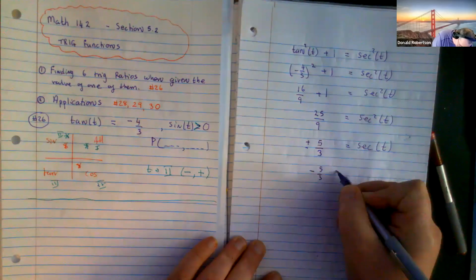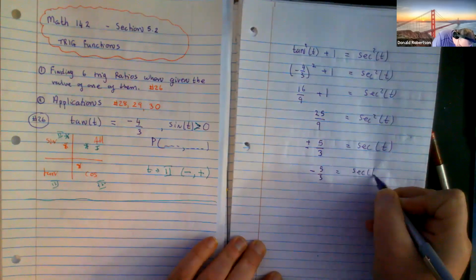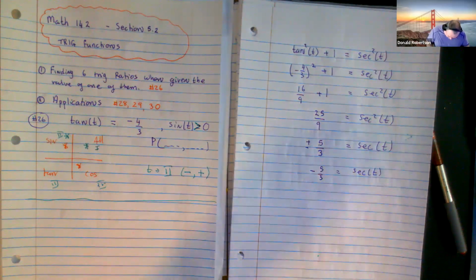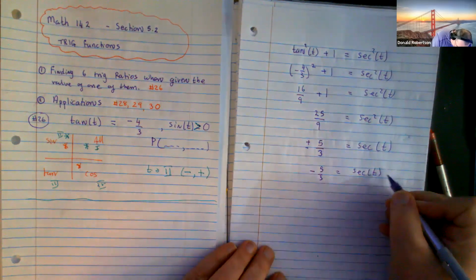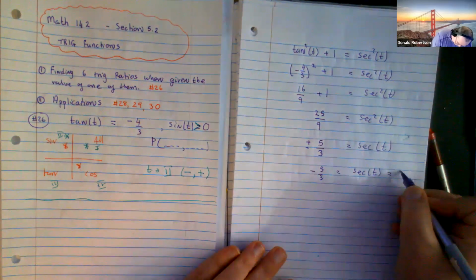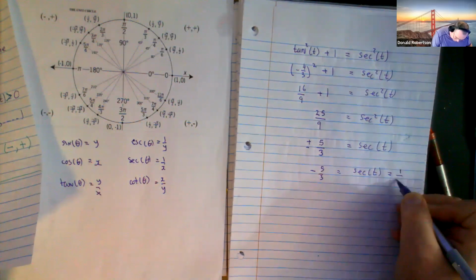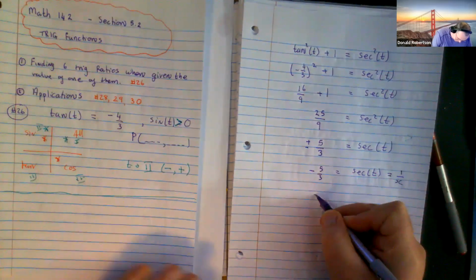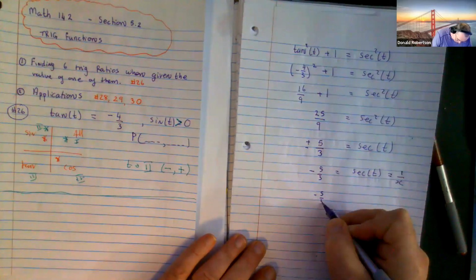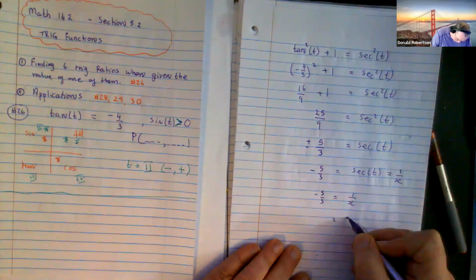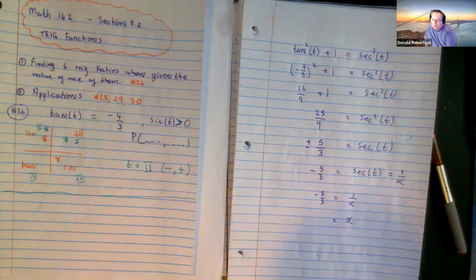That's how I figured out that it was a negative answer. Now, we're slowly getting there. I know it seems like, why are we doing this? But we're slowly getting there. Isn't the secant the same thing as 1 over the x coordinate? So negative 5/3 is 1 over the x coordinate. So what does that make the x coordinate?